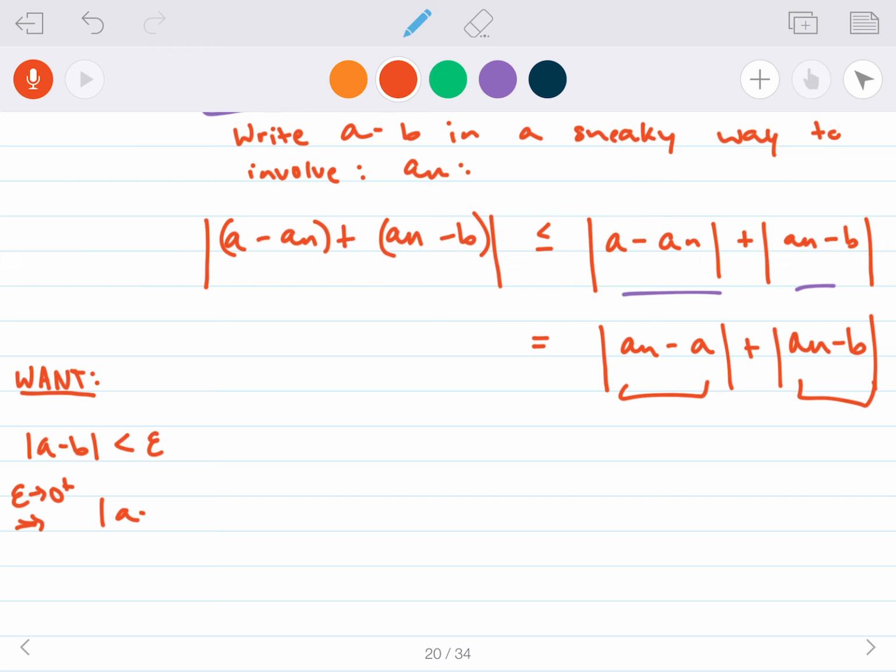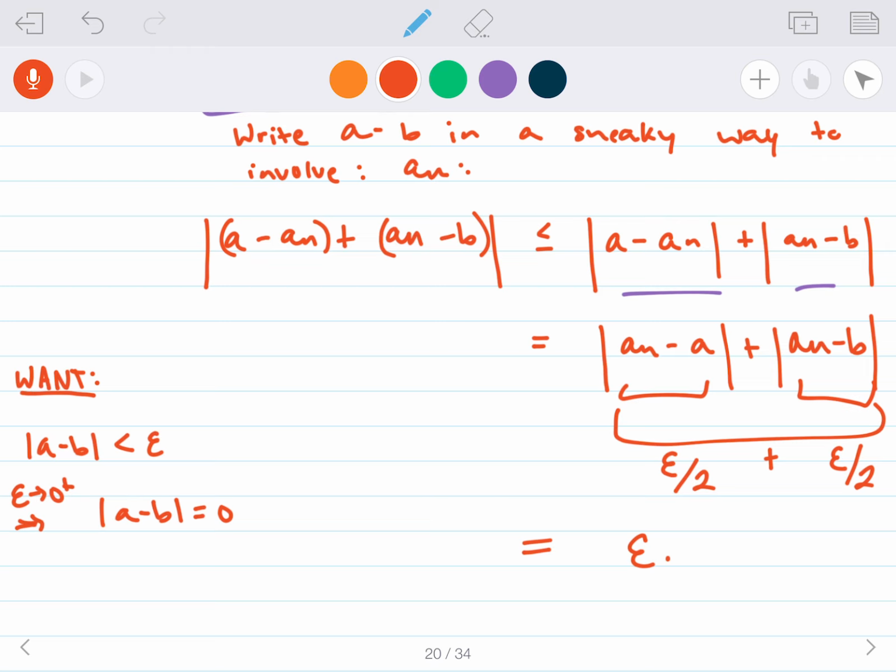This is going to give me that a minus b equals 0. Hence, a equals b. All right, so I want the whole thing to be epsilon, and so I can make this first absolute value epsilon over 2, and I can make the second absolute value epsilon over 2 to give me epsilon. Okay, so this is all scratch work.